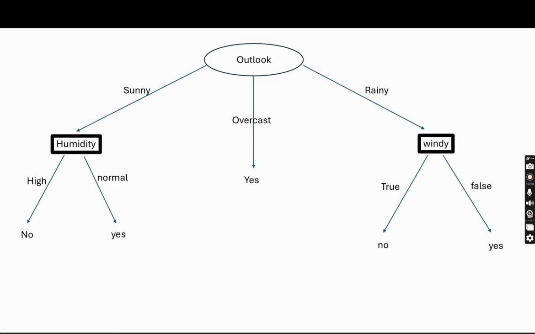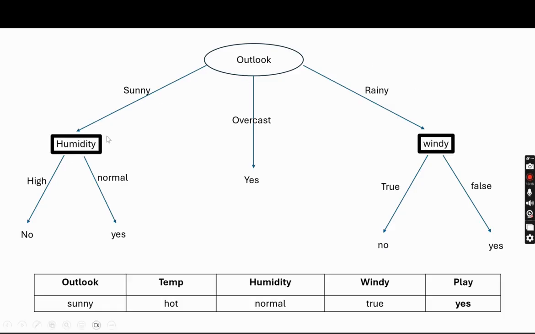The question asked in the given problem is, for the given parameters, what will be your target column? From the given values, outlook is sunny. If your outlook is sunny and the humidity is normal, then the target column value is yes.